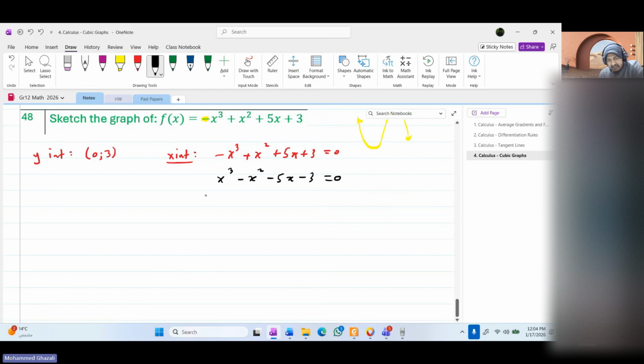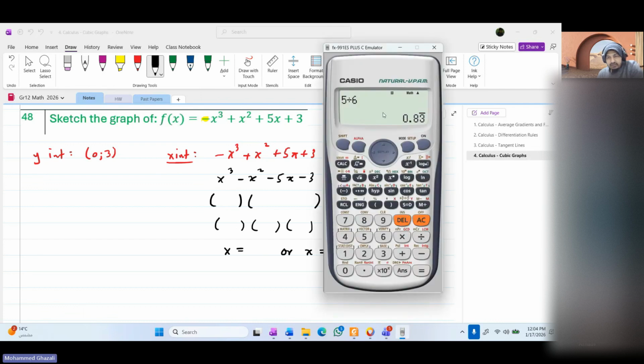Let's check if this factorizes, then we can open up our brackets. Open one small bracket, one big bracket, then three small brackets because you've got three different answers, right? And then x equals, x equals, x equals.